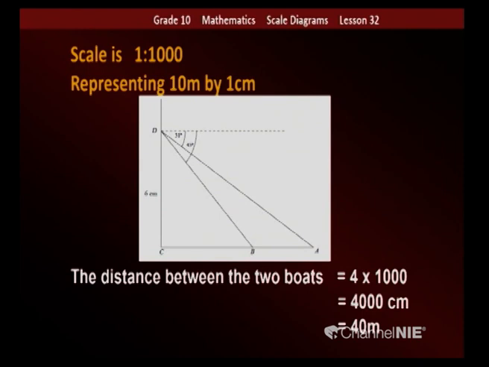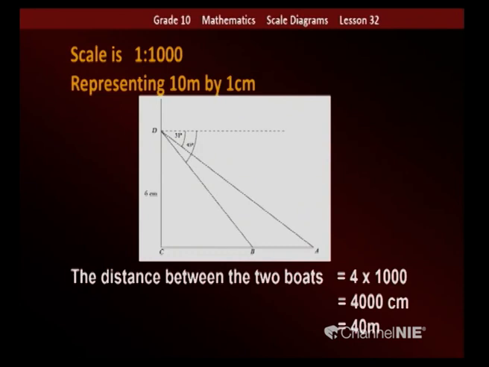That is the scale length. So, I have to find the actual distance between the two boats. Using the scale, I am converting. See the way? 4 times 1000. That is 4000 centimeters.